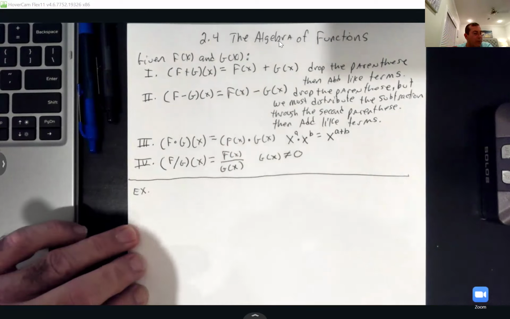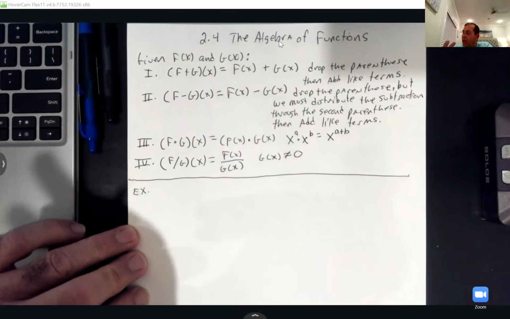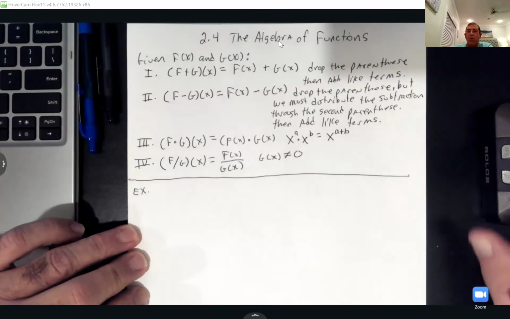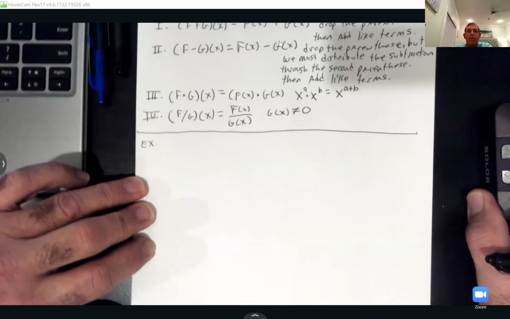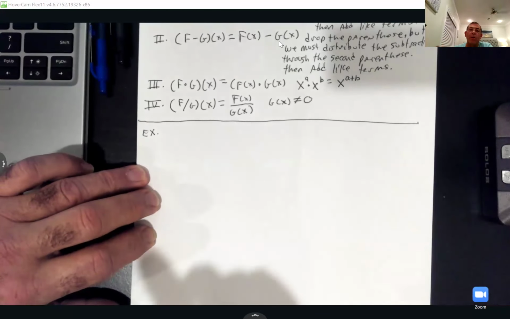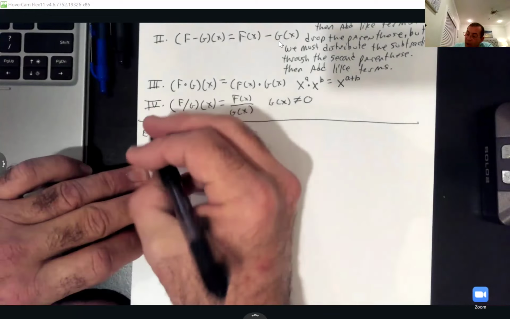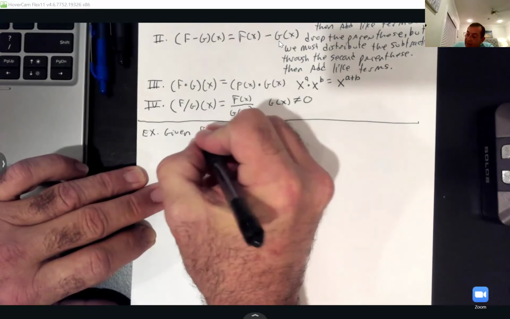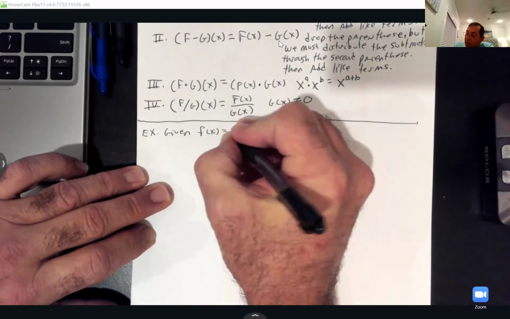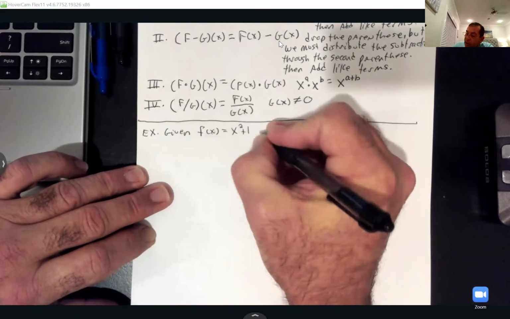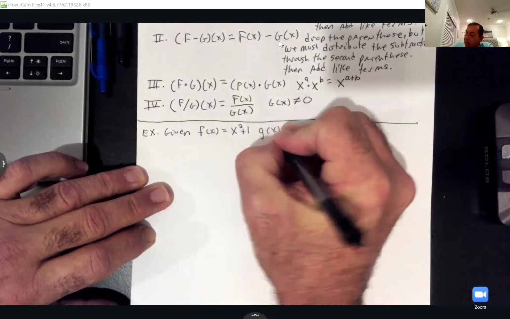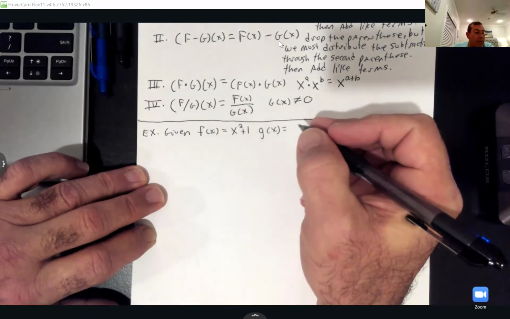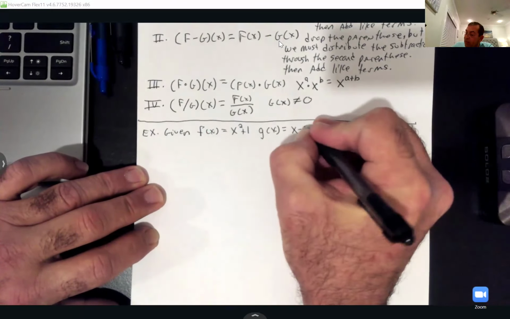Hey, also, these examples, they're going to give us two functions, and then we're going to add them, subtract them, multiply them, or divide them, depending on what they want. So for number 1, we're given f of x equals x squared plus 1. g of x is going to equal x minus 2.